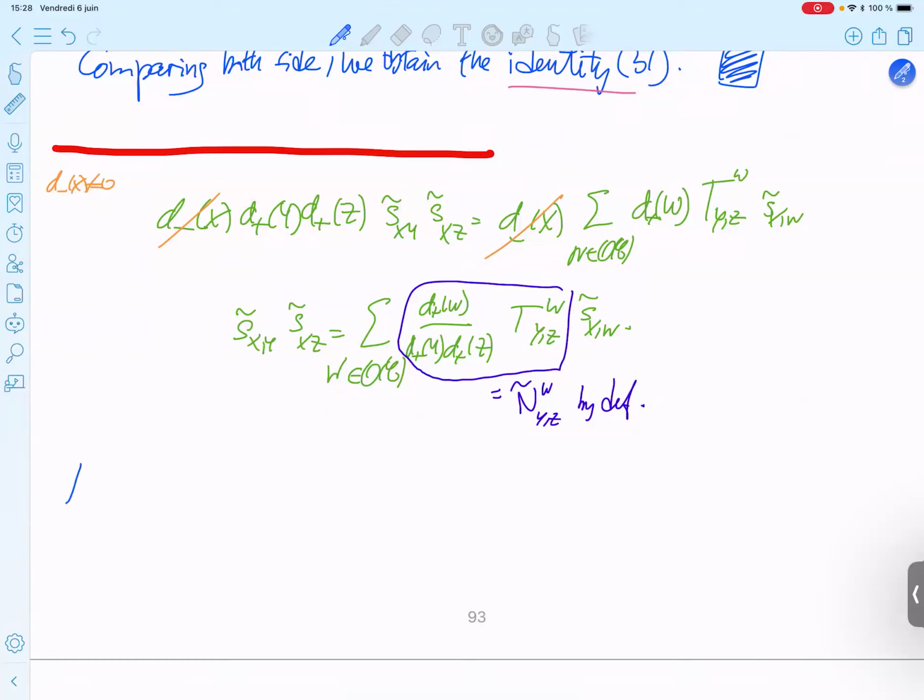So just a remark about the literature. So this was done in the pivotal case by Muger.